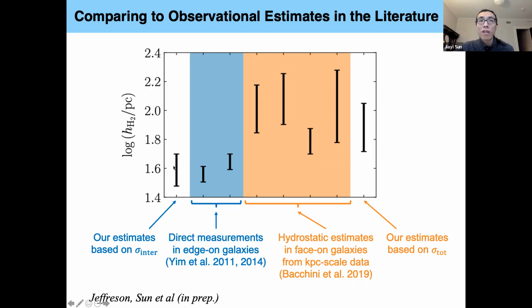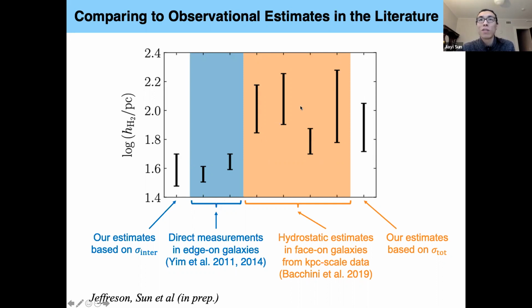If you compare them to the other estimates, these four are showing you hydrostatic calculations in face-on galaxies based on kiloparsec-scale data, so a previous version of the data. And this bar gives you our estimate based on the total velocity dispersion, which is what you will get in observation from kiloparsec observations.